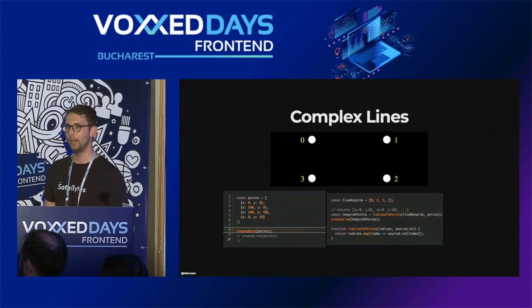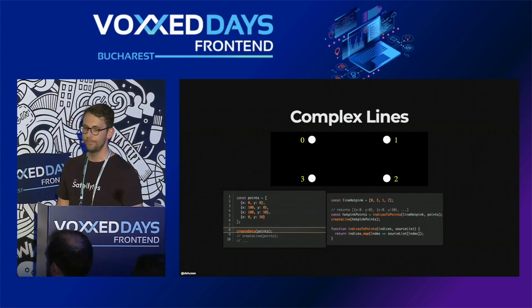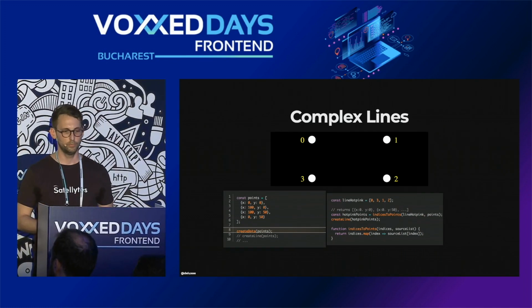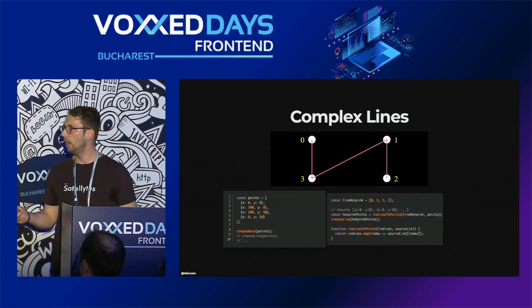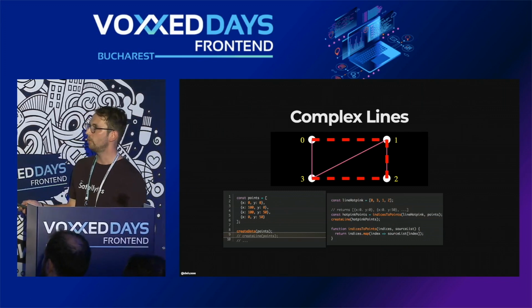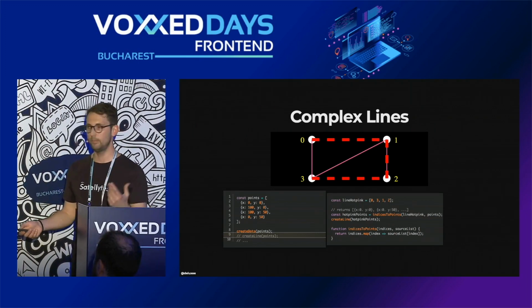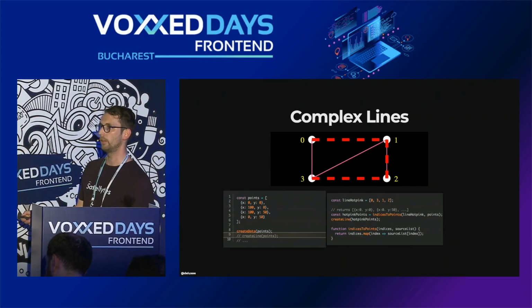Let's try to build more complex shapes. We start with 4 points and create the 4 dots as usual with the createDots function. But how would we create this hot pink line here? We can't just pass all the points we have to our createLine function, because it should be simple, and it will just connect all the dots it's receiving in the order they are received.